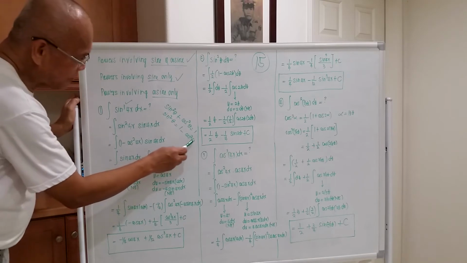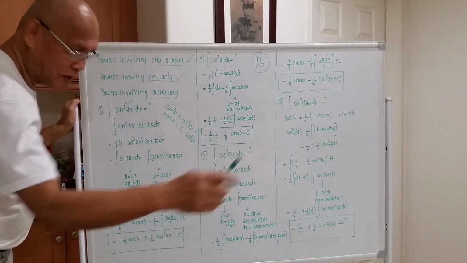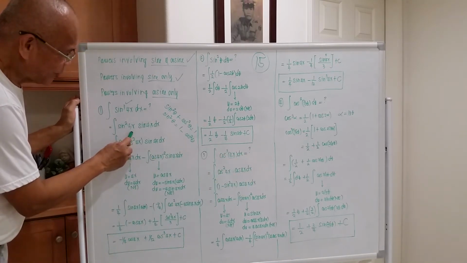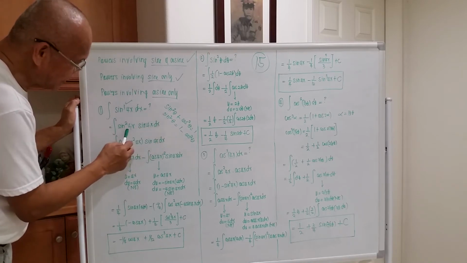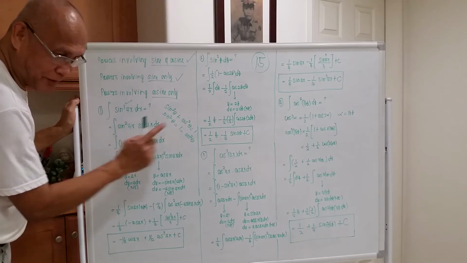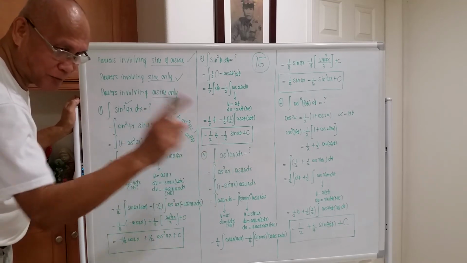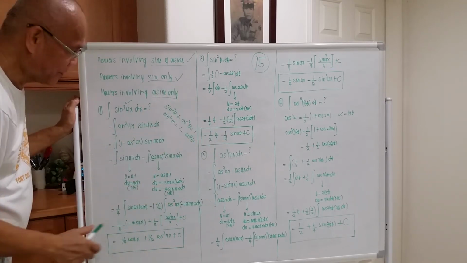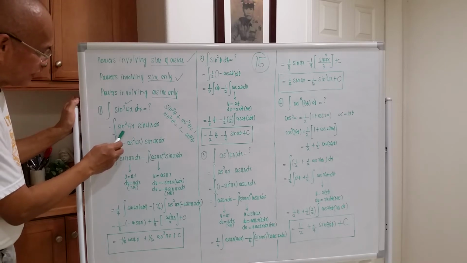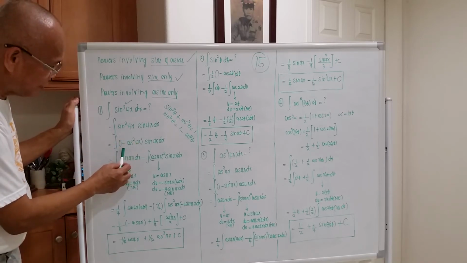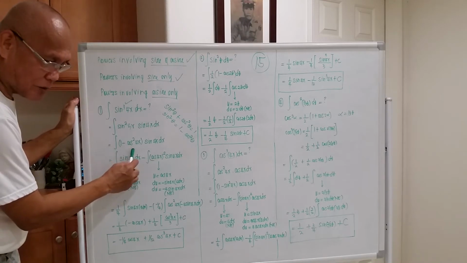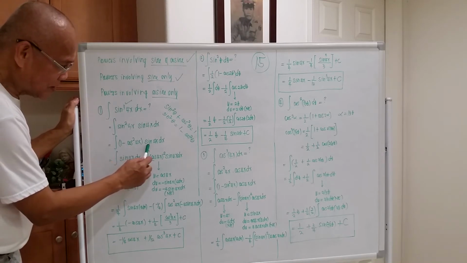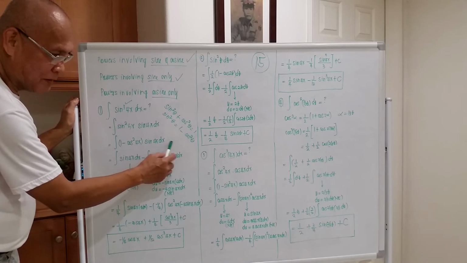But this theta here is not just simply theta, it is 4x. So instead of sine square of theta, it should be sine square of 4x, because in the given problem the angle is 4x. So sine square of 4x can now be replaced by 1 minus cosine square of 4x times sine of 4x dx.